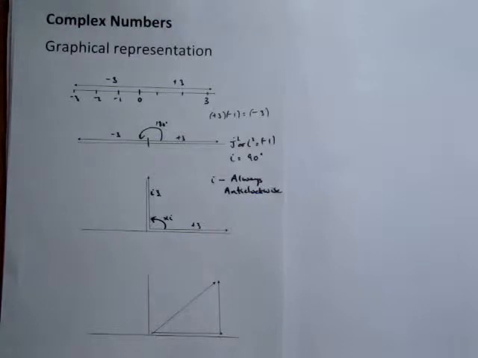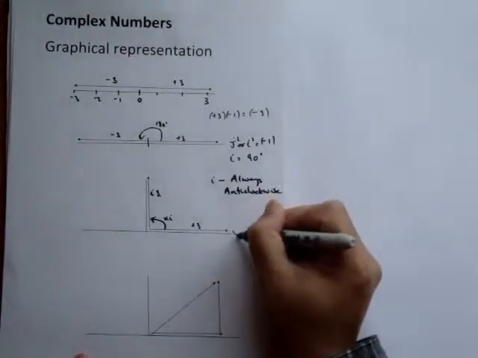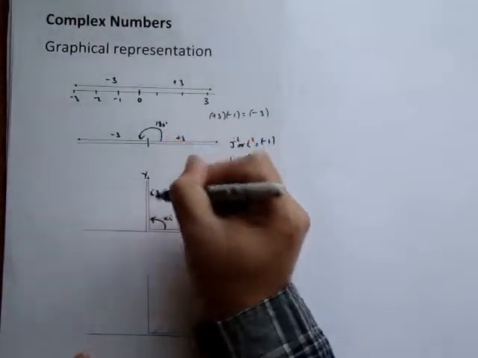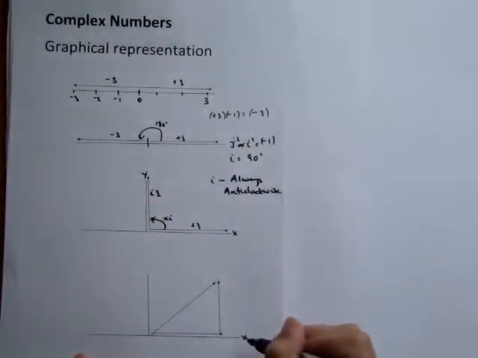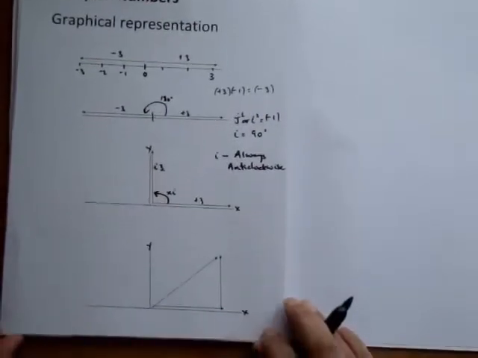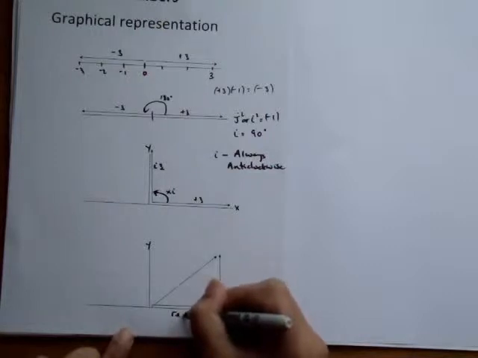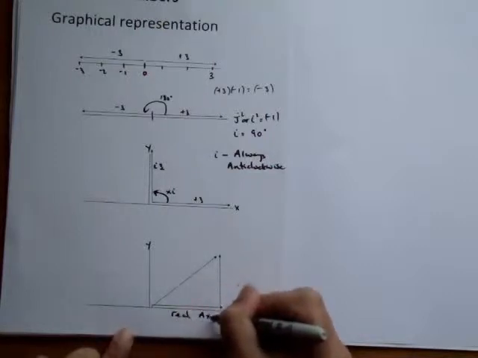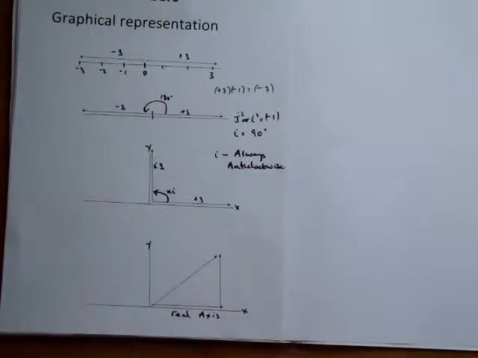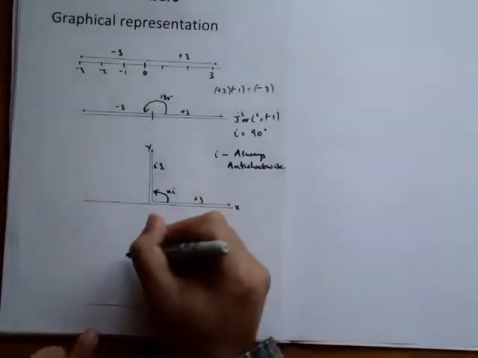We can denote two reference lines, the x-axis and the y-axis. So the x-axis, when we're dealing with complex numbers, is called the real axis, and the y is called the imaginary axis.